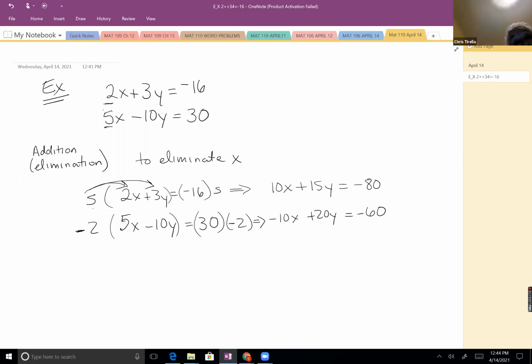Well, since this one has a coefficient of 2 and this one has a coefficient of 5, you multiply each by the other's coefficient and you want them to be opposites. Instead, if I wanted to eliminate the y's, because this one's 3 and this one's negative 10, I'd multiply this equation by 10 and this one by positive 3, both positive because the signs are already opposites.